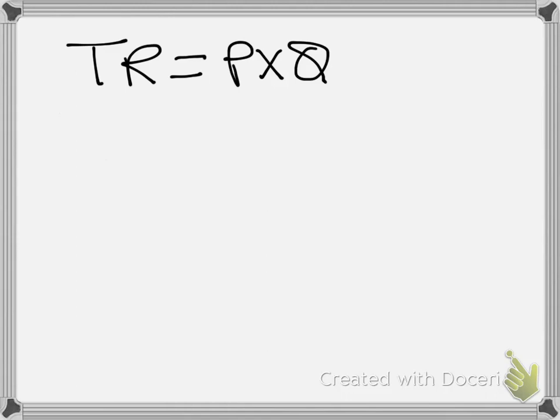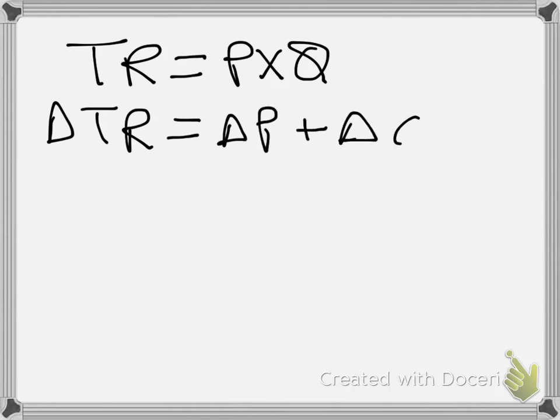If you again utilize some notions from calculus, you can see that the change in total revenue is actually the sum of the change in price and the change in quantity demanded. This particular mathematical formulation can really help us to understand how changes in price and quantity really affect the total revenue.